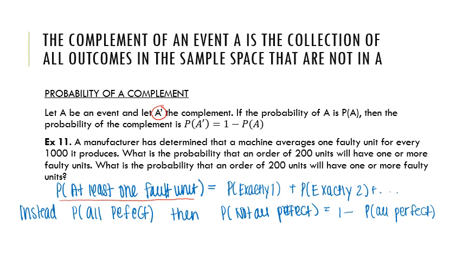So instead, we're going to find the probability of them being all perfect. Okay, so all 200 are perfect units. So then the probability of them not being all perfect is that there's at least one or more that is faulty. So then the probability of not perfect would be 1 minus probability of all perfect.